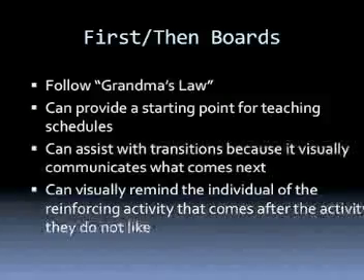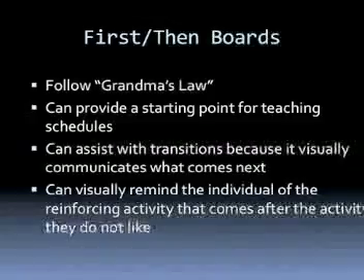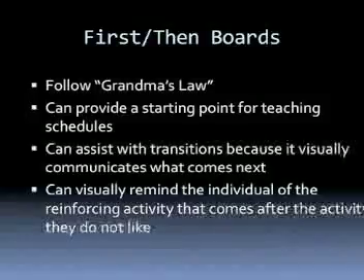So the support that we are going to make tonight, to practice what you've learned about choosing a symbol system, is first-then boards, which are really fun, really great supports to use for individuals. And this course is about supports to use with individuals with autism, but these supports can be used for anyone.